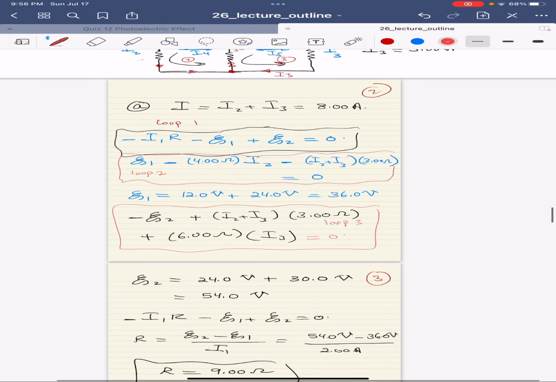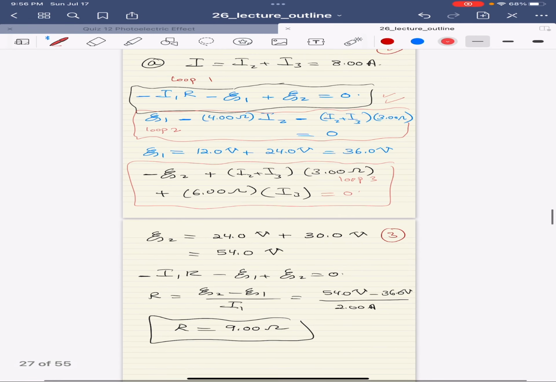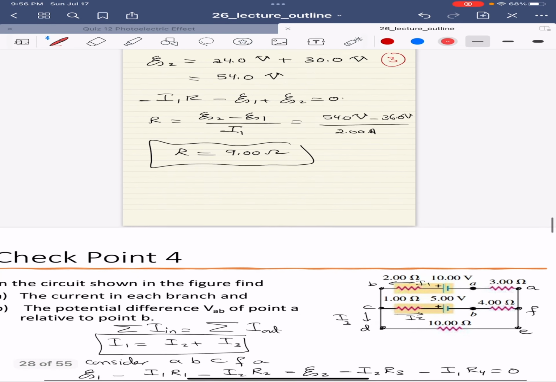Now I can go back to this equation, minus I1R minus E1 plus E2 equals 0. Now I know E1 and E2, so I am able to calculate R as 9 ohms. This is not a one-loop problem, but it is not that complicated.